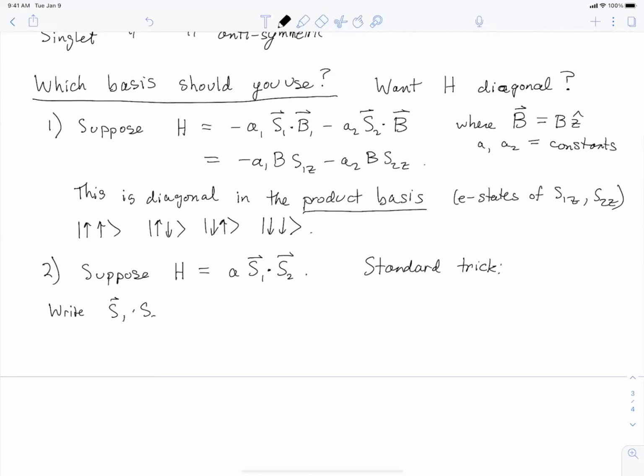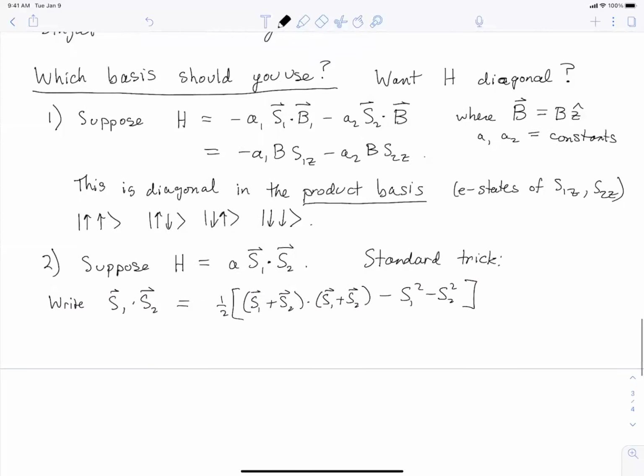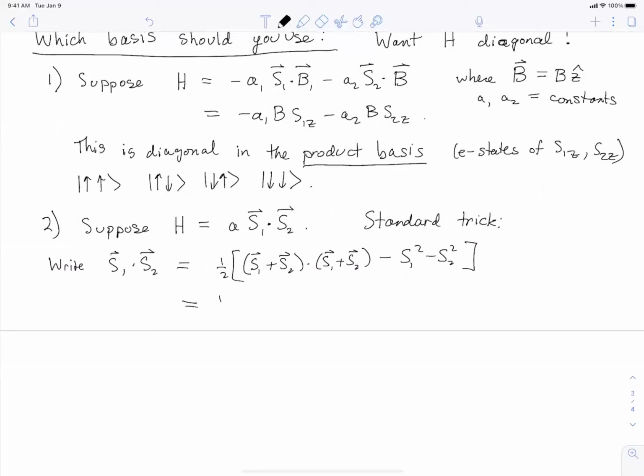So this applies even if they're not angular momenta. You write this as 1/2 the dot product of the total angular momenta into each other minus S1 squared minus S2 squared. So that's 1/2 S squared minus S1 squared minus S2 squared.